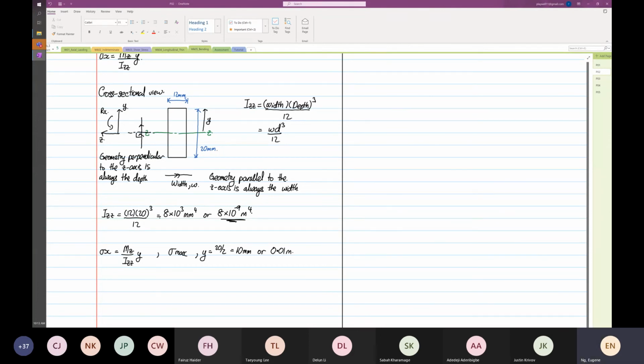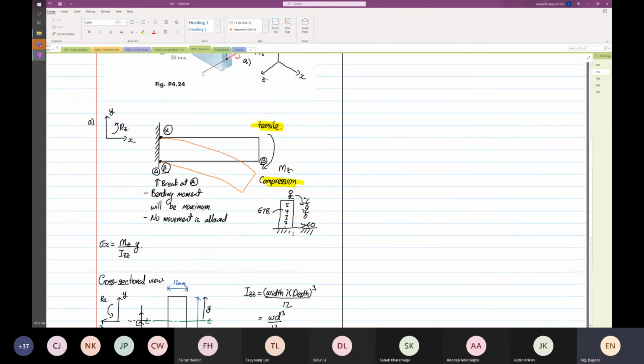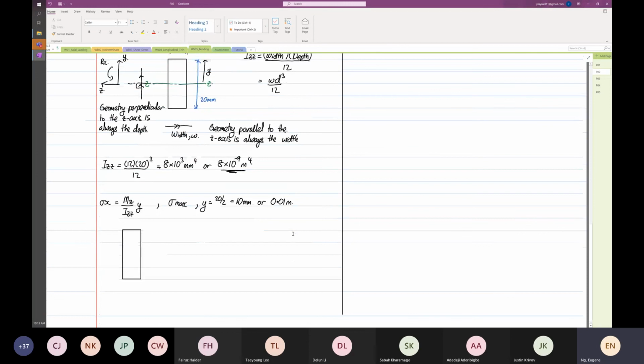Okay, so let me sketch out the points again. I'm going to call the top part alpha and the bottom part beta.